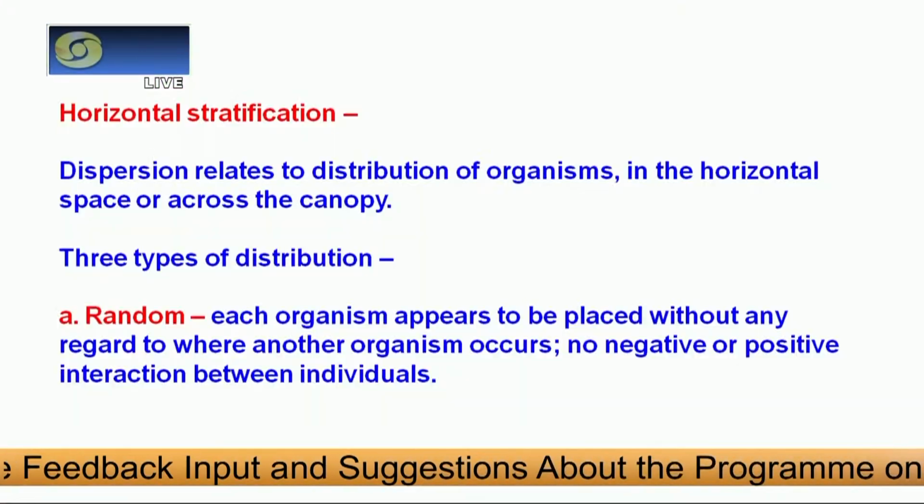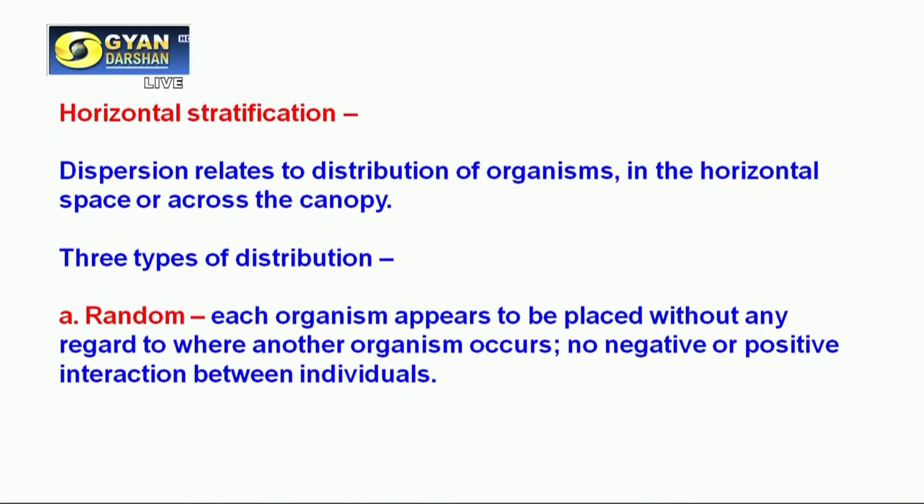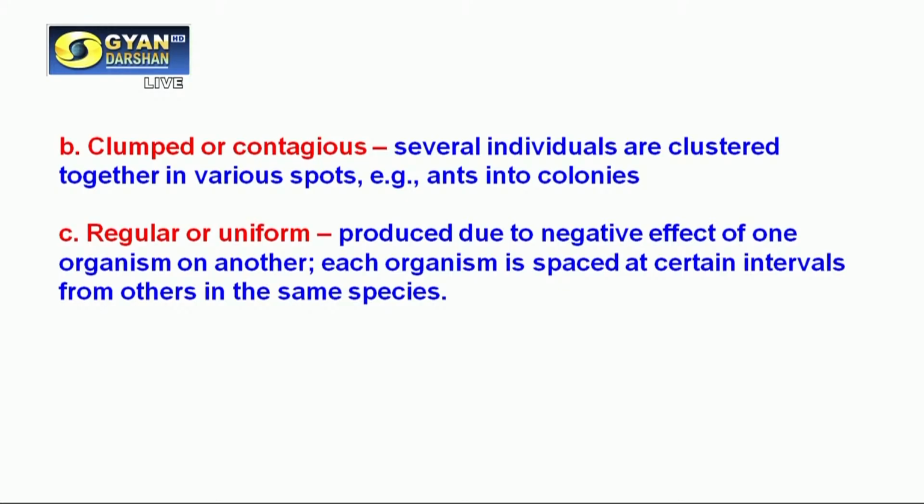So when we are talking of horizontal stratification, there are 3 different types of distribution. Random, each organism appears to be placed without any regard to where another organism occurs. No negative or positive interaction. Clumped or contiguous, that is, several individuals are clustered together in various spots.